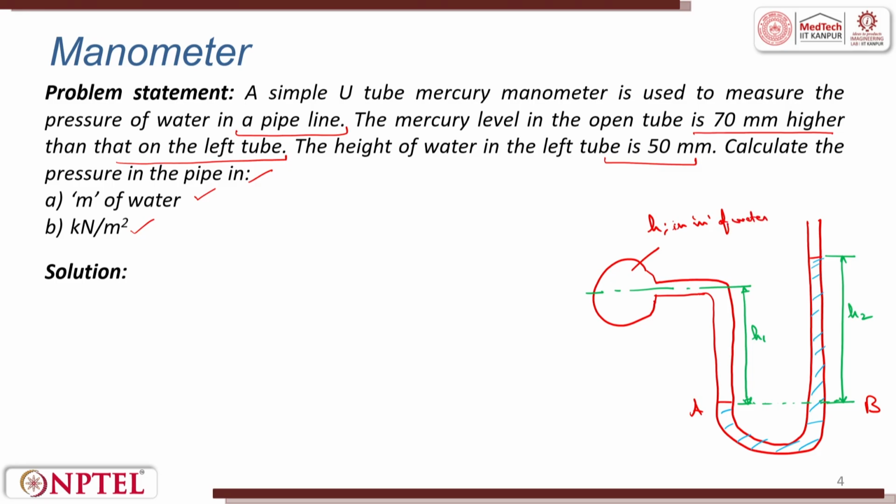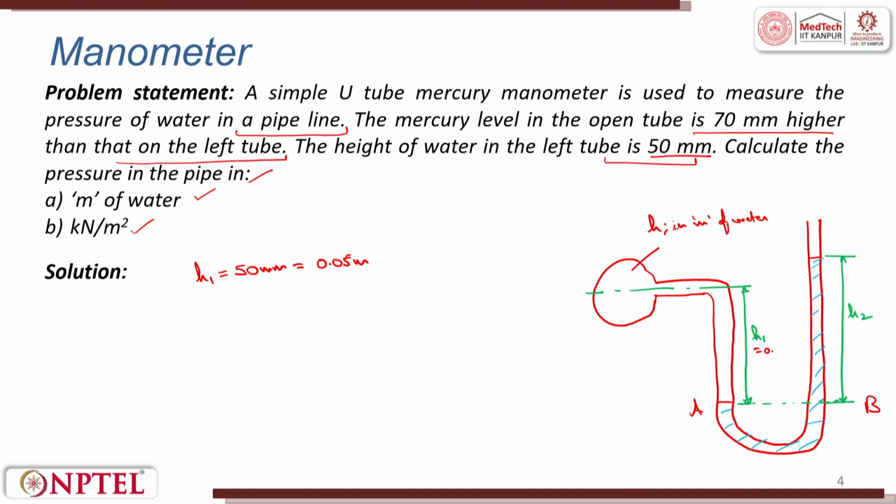Now, what we are given is H1, which is in millimeters, that is 50 millimeter. So, height of water in left tube is 50 millimeter, H1 is 50 millimeters. To convert them into meters, this is equal to 50 by 1000, that is 0.05 meter.